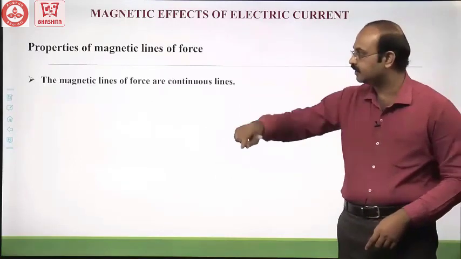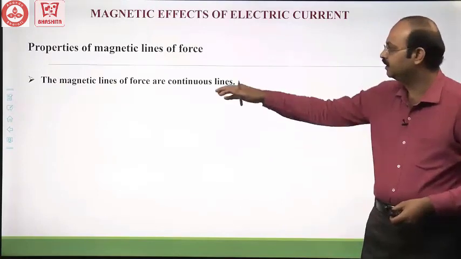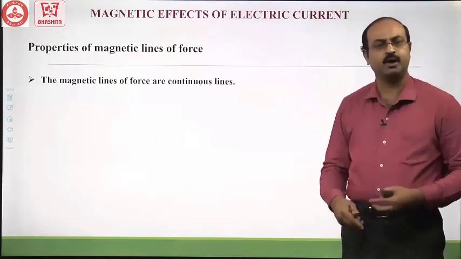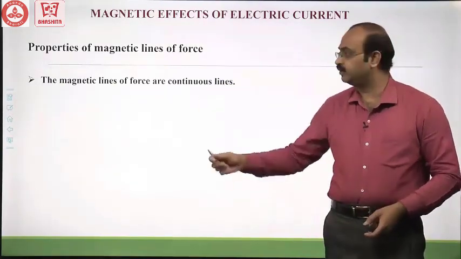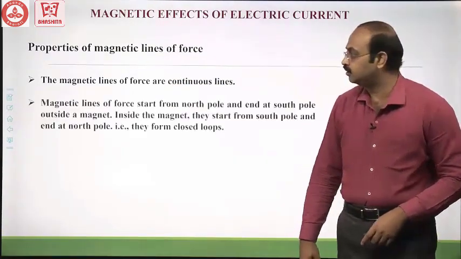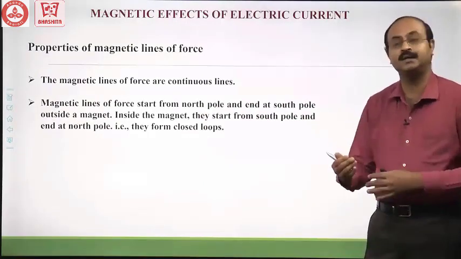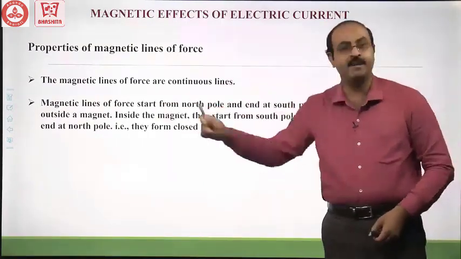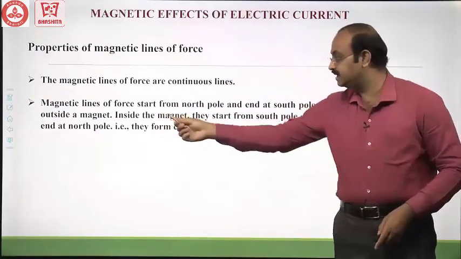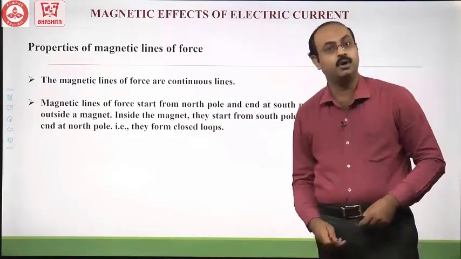The magnetic lines of force are closed continuous curves. This is one of the very important properties of the magnetic lines of force. Also, magnetic lines of force start from the north pole and end at the south pole outside a magnet, whereas inside the magnet they start from the south pole and end at the north pole.